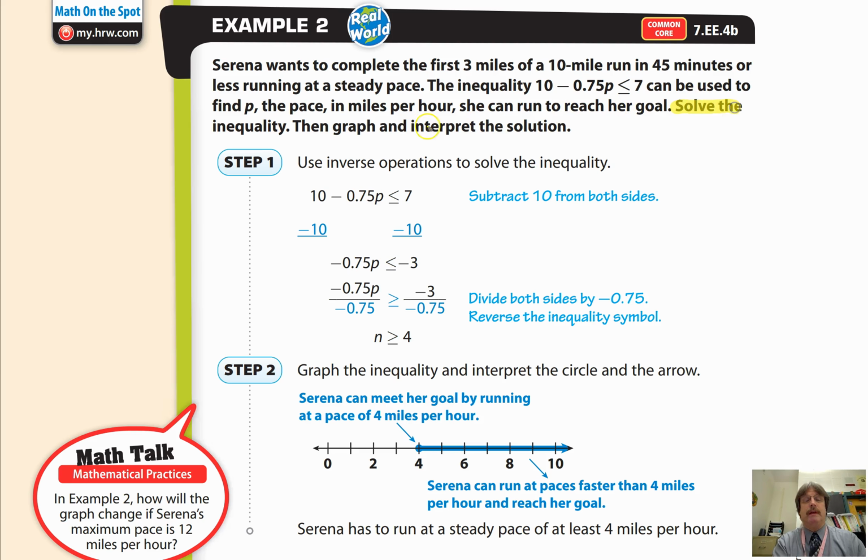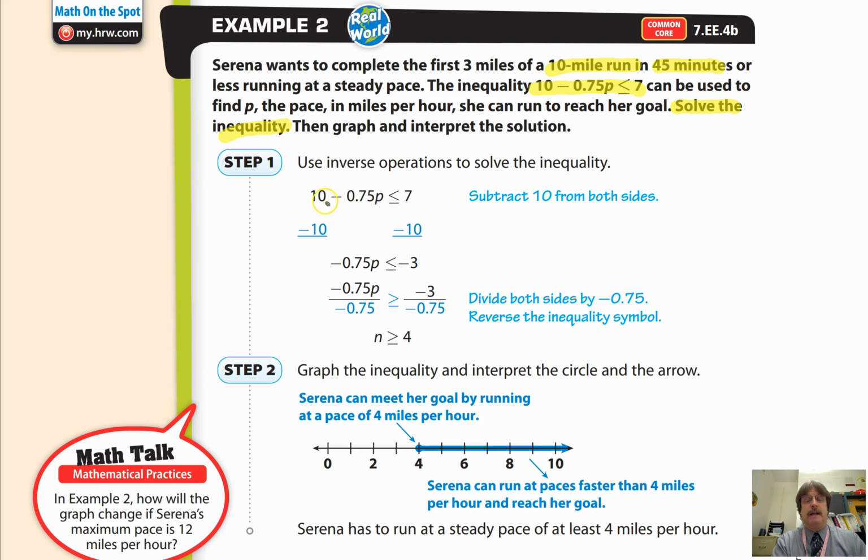So solve the inequality. They've already given that to us, but if they hadn't, you would highlight the important information: 10-mile run, 45 minutes. Notice that they converted the 45 minutes into 0.75, because that's the decimal equivalent of 3/4 of an hour. 45 minutes is 3/4 of an hour.